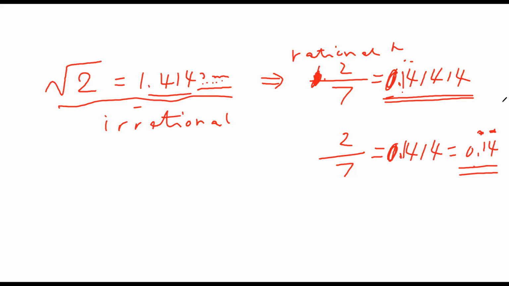I'm sorry, it's maybe a different one. It should be something like 0.142857, 7 digits, and they repeat over and over again. Yep, you are right. Correct.